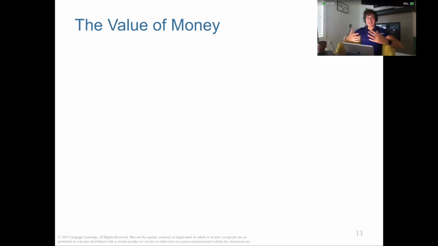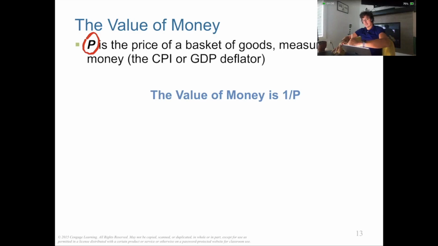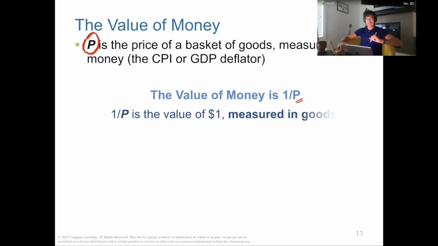So the value of money is intrinsically related to the price, which is the value of the goods. In particular, if P is the price of a basket of goods, think about the basket we have seen before, measured in terms of money, the CPI or GDP deflator, then the value of money is just the reciprocal of the price, is 1 over P. So 1 over P measures the value of $1 in terms of goods.